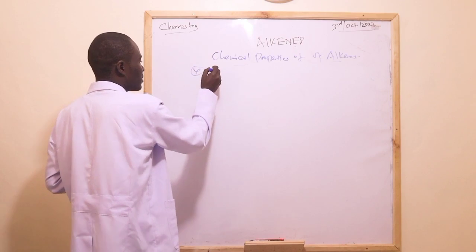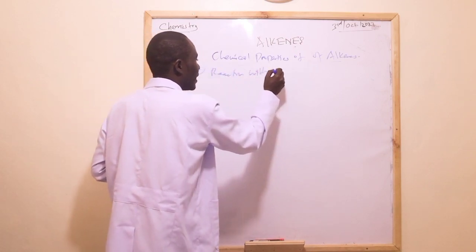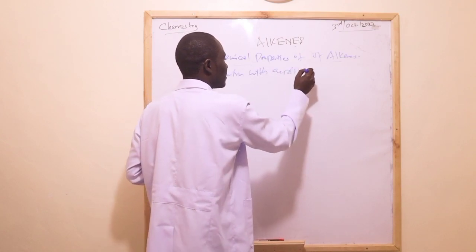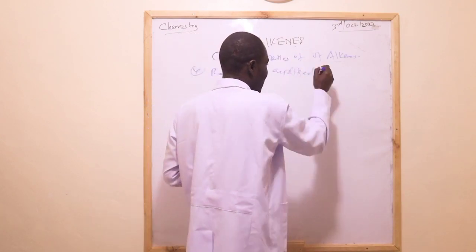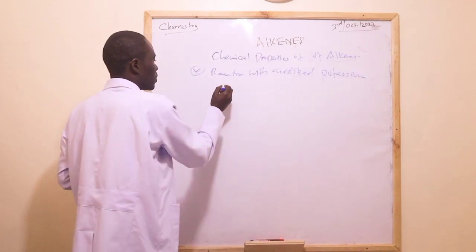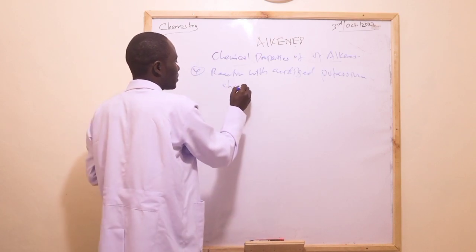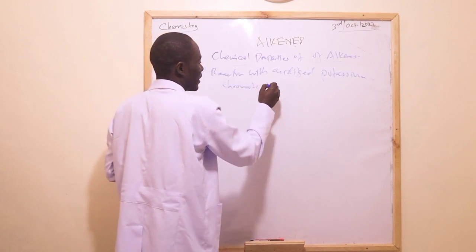Number 4, very fast, we have the reaction with acidified potassium chromate 6 ions.